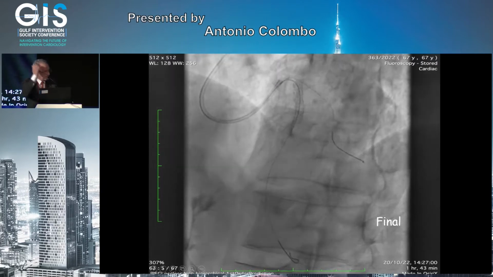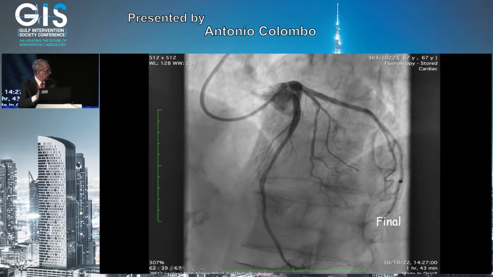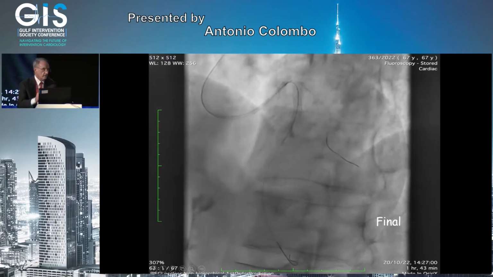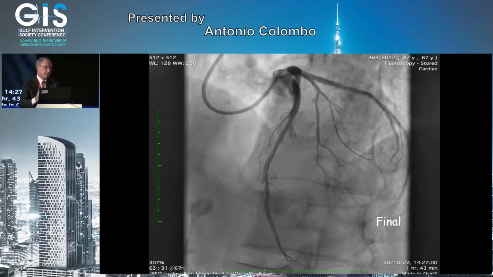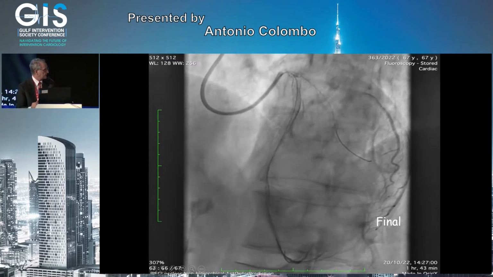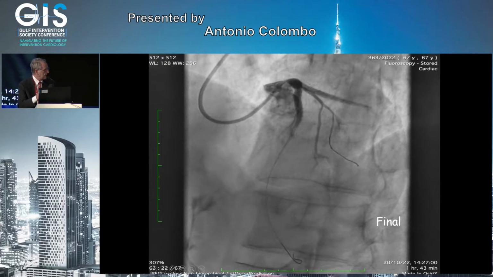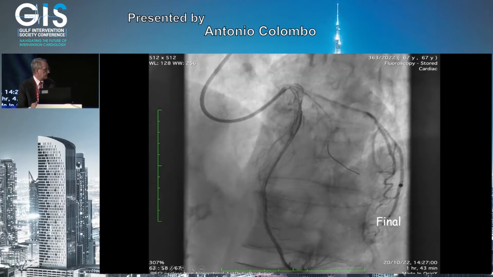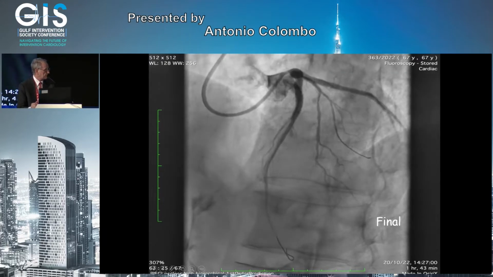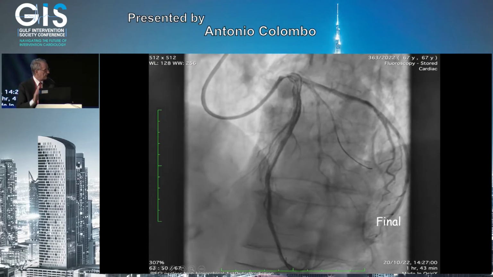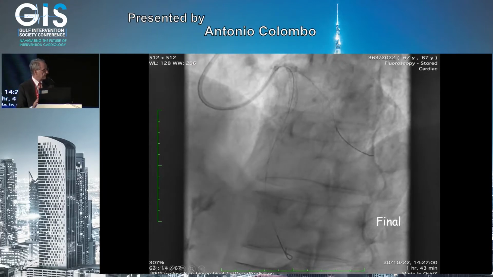But I think this approach shows safety, because now we have more than 150 patients with complex lesions treated in this fashion. We have a publication being printed shortly. So I think safety, I'm pretty convinced.